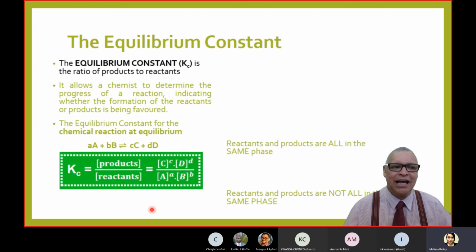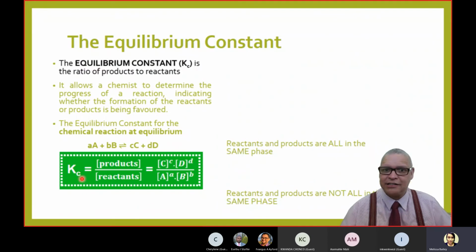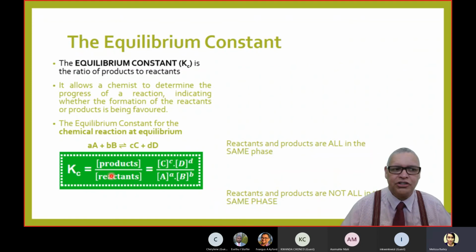Well, this is how we write the Kc expression. Kc, notice that subscript as well, very important, is equal to, as I've mentioned, the concentration, represented by means of square brackets, of the products divided by the concentration of the reactants.